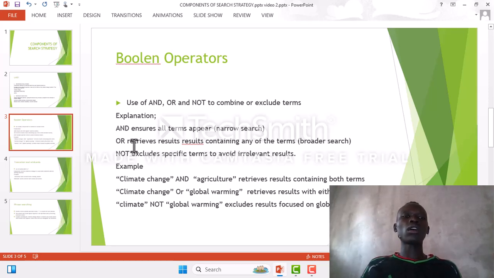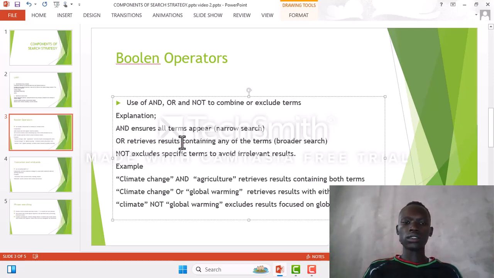Then OR retrieves results containing any of the terms. This is a broader search, something that should cover a wide area. Then NOT excludes specific terms to avoid irrelevant results.